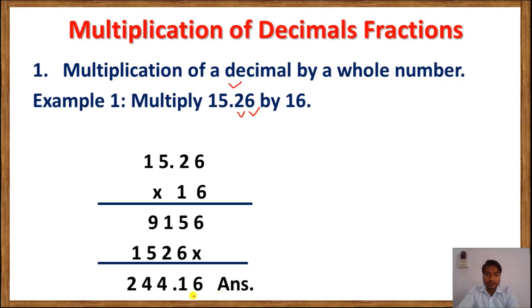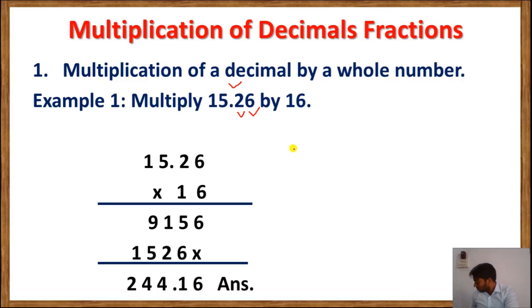So here you can see I have mentioned the decimal point, and after that 2 digits. So we have 2 digits in the decimal part, and according to that in the result also we have 2 digits in the decimal part. Understood?